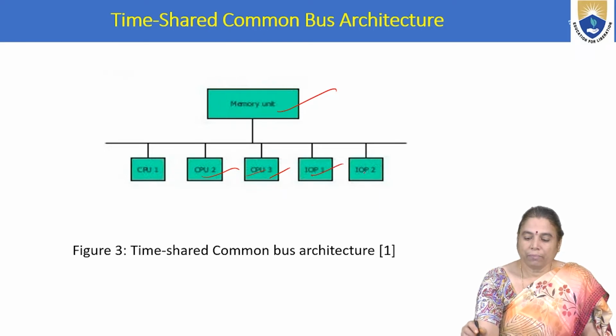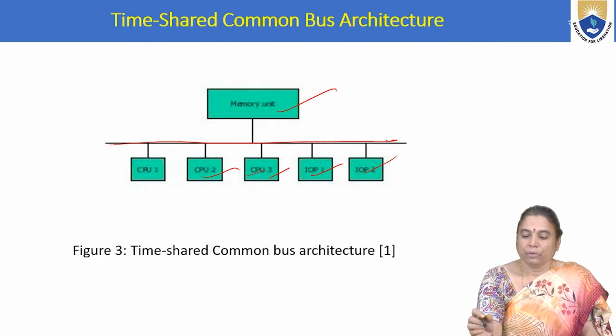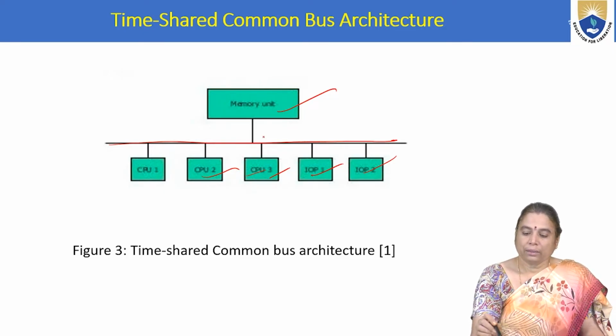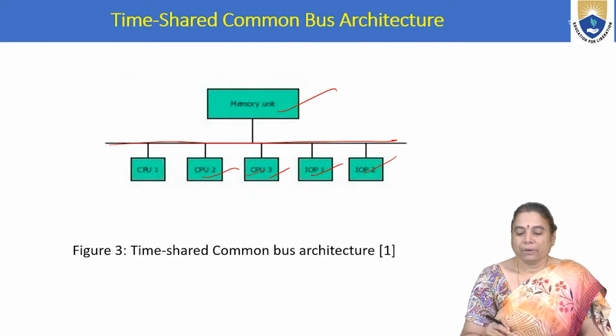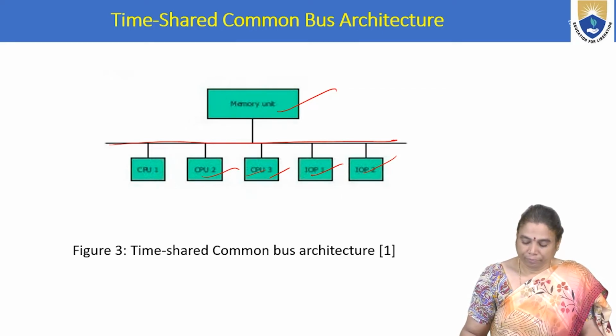So these can be connected via a common bus. The device has to share the time slot that is fairly allocated to the particular CPU for processing. In this way the devices can communicate and share the common memory.